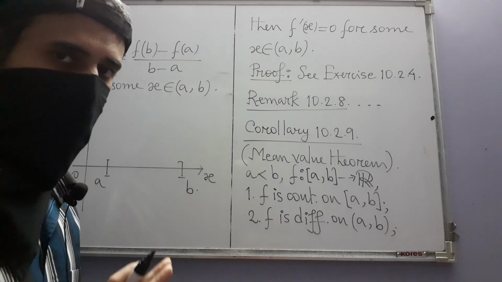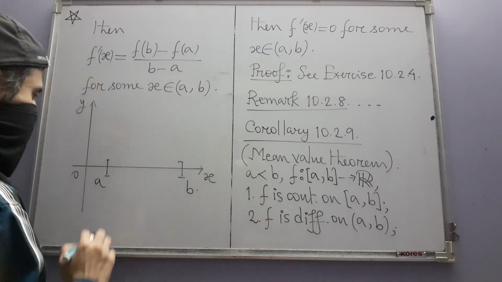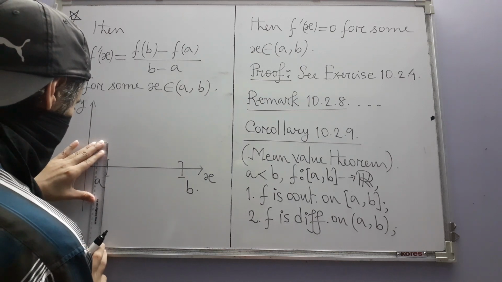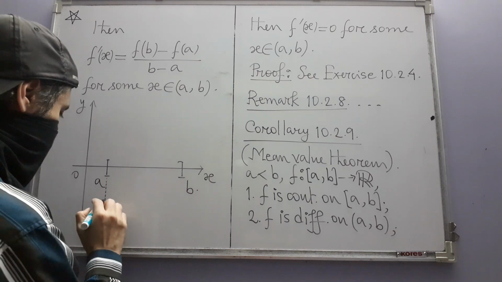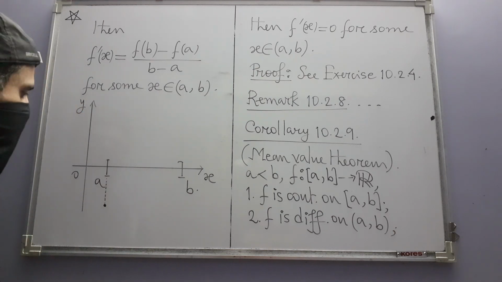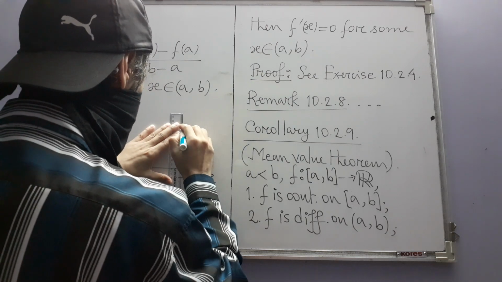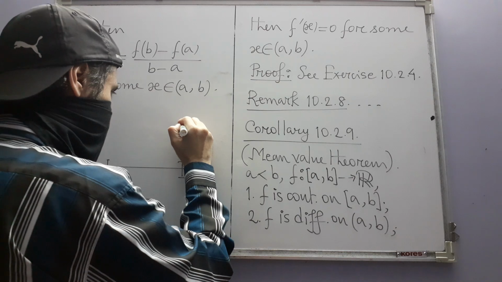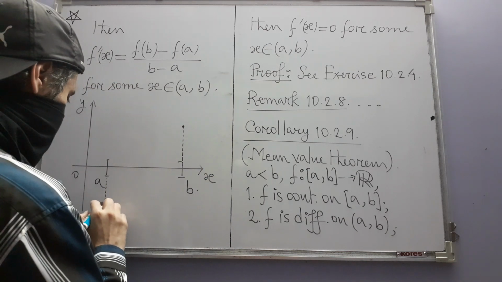It's smooth. And that's it. So let me just draw such a graph. Say f of a is this, and f of b is this, and the graph goes like this then.